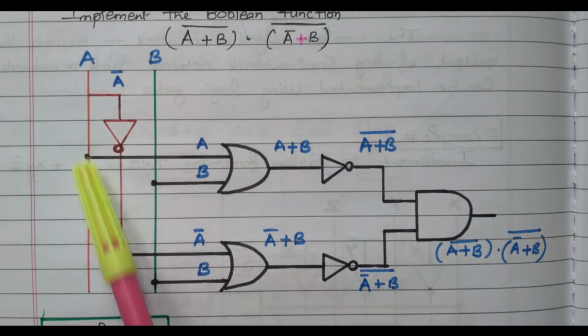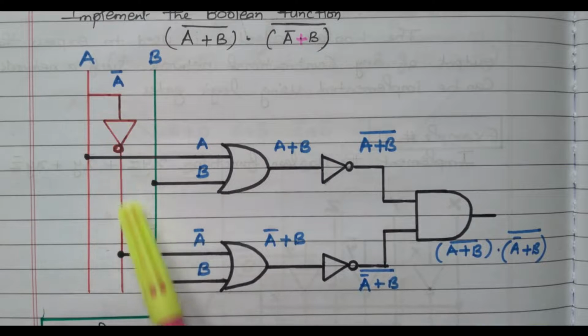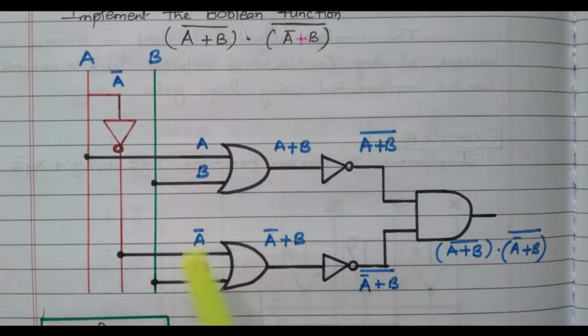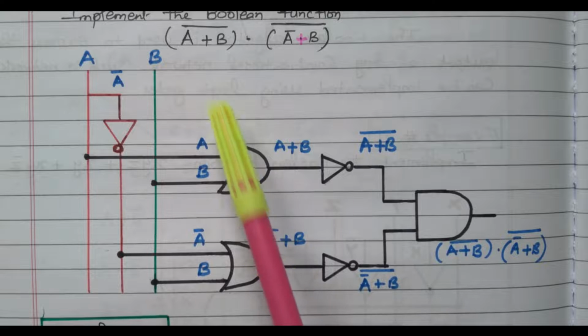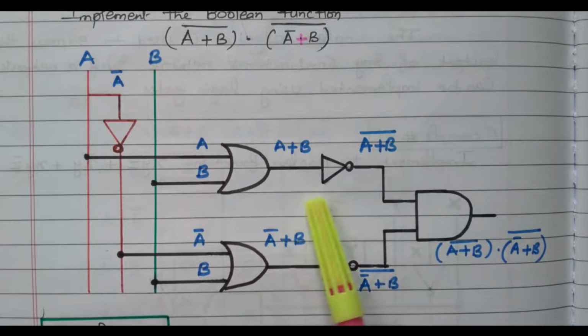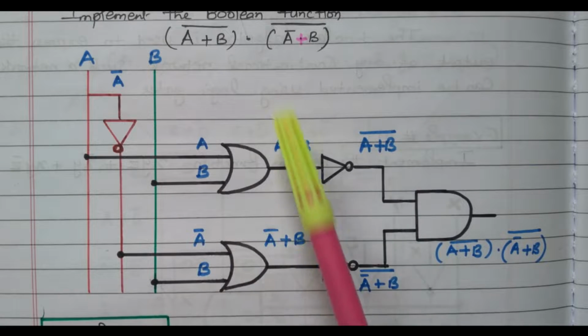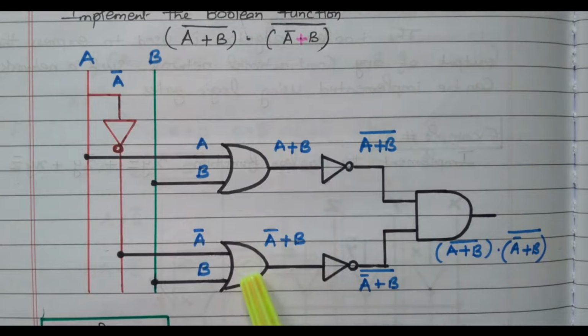We have the input A, using NOT gate A bar, then B. To perform A plus B we have one OR gate. In order to perform (A plus B) the whole bar we have one NOT gate. Similarly for A bar plus B we need one OR gate, and for (A bar plus B) the whole bar we need one NOT gate. In order to multiply these two terms we have an AND gate. So after this we got the required output.